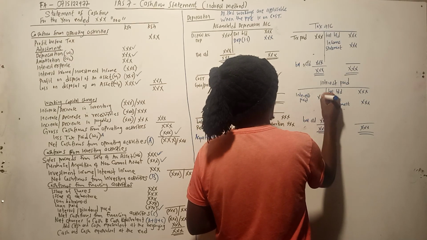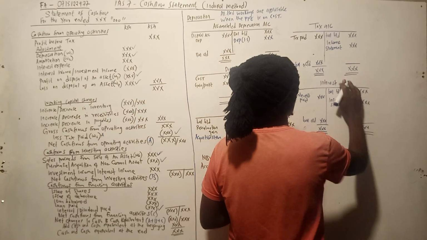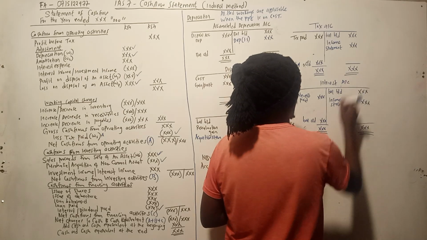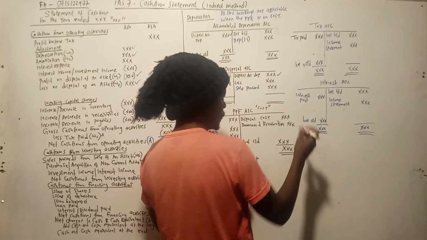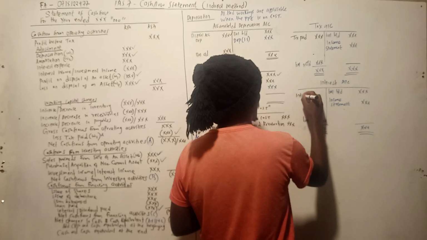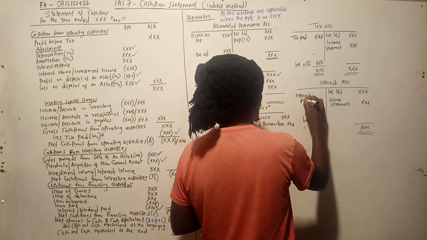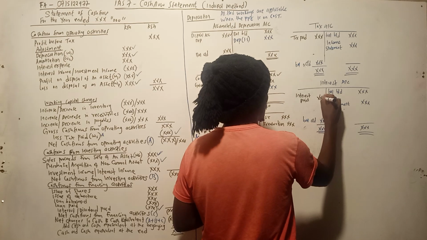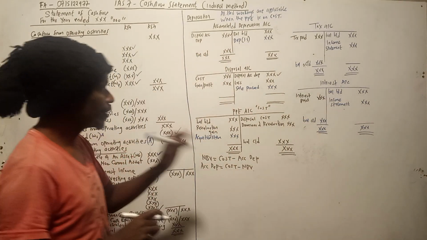Paid in his interest account. This is supposed to be the interest paid. That's what we want.